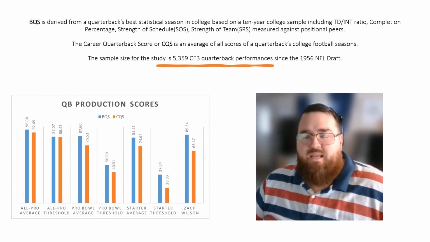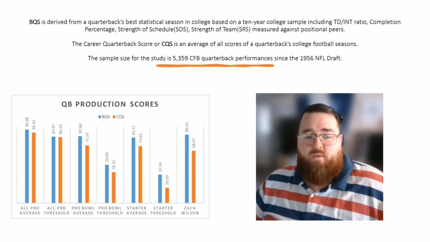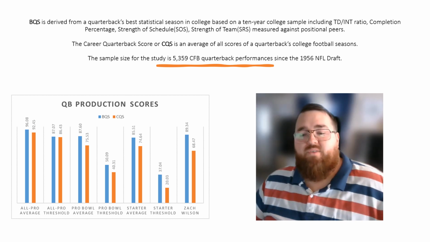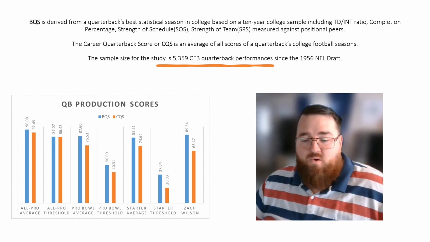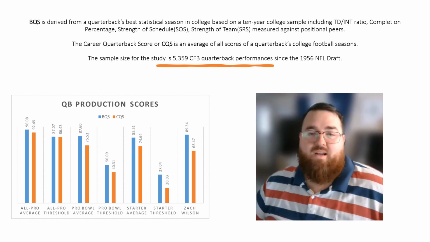Going back and adding in the 9 games he played in 2018 and 2019, I was able to compile those scores and get a career score of 68.47 out of 100.